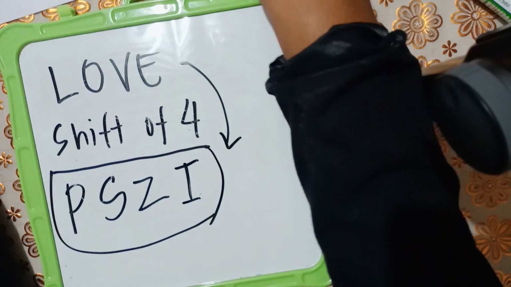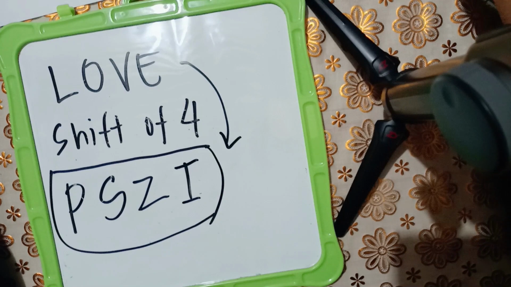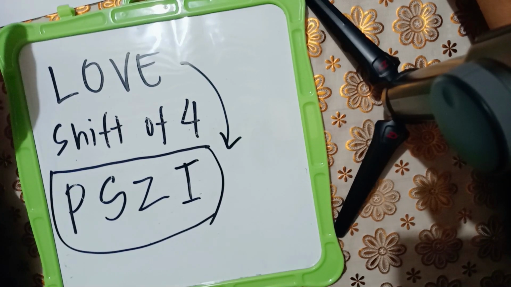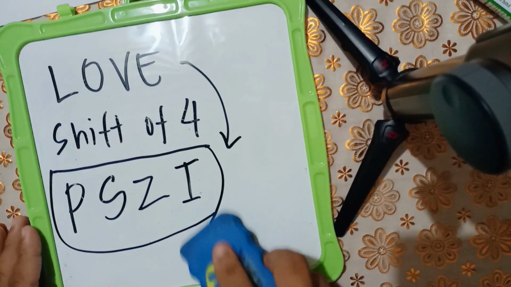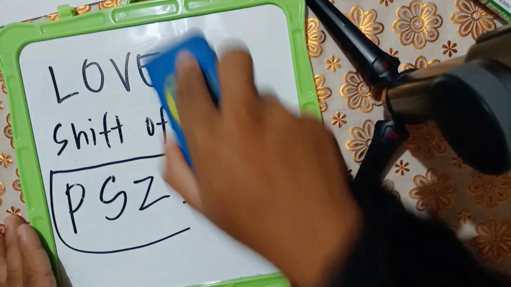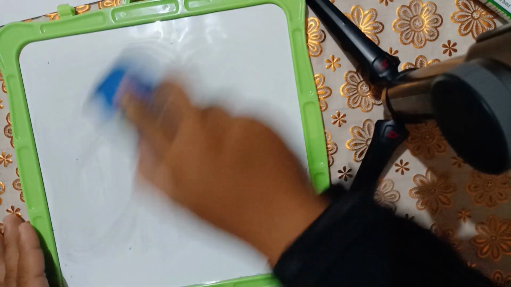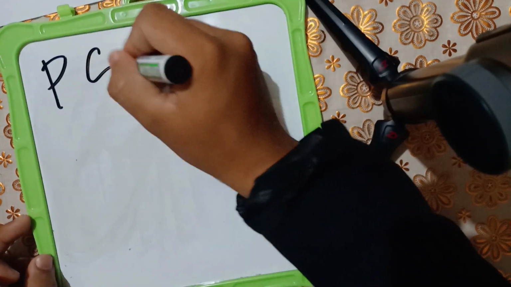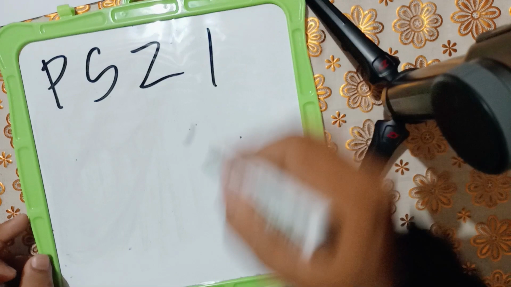In the encryption key, we count from the left to the right, so it's a shift of 4. While this is PSZI. So PSZI is our encrypted text, the ciphertext.